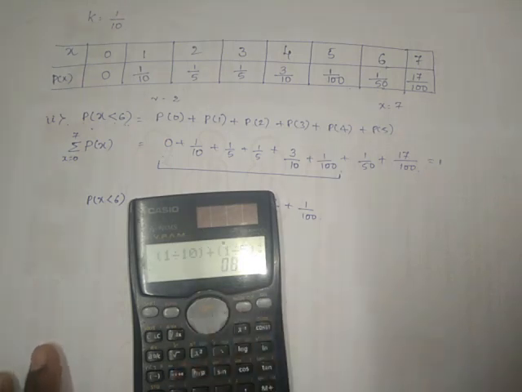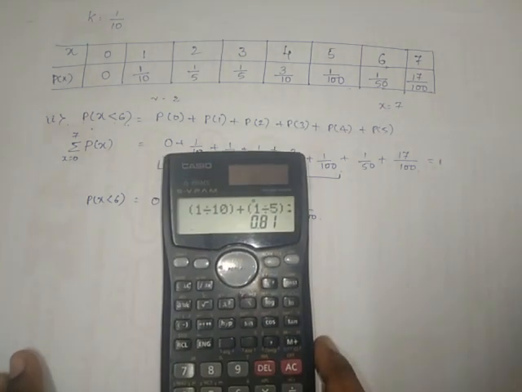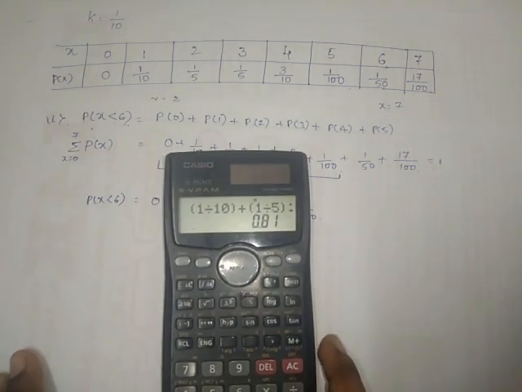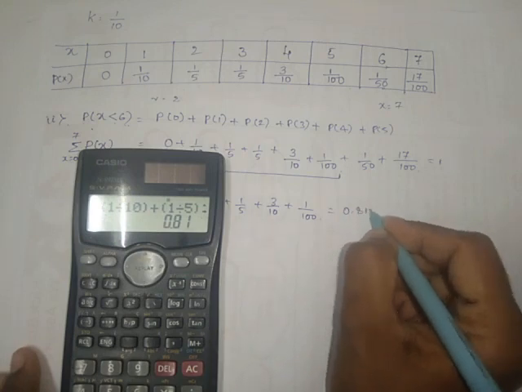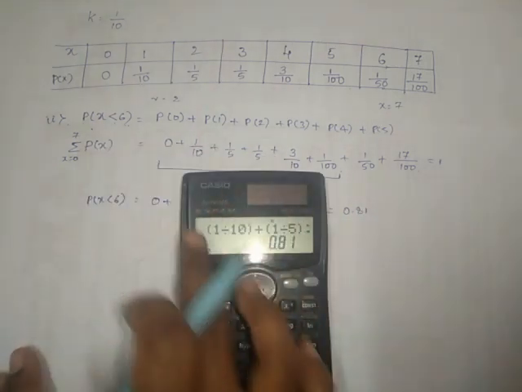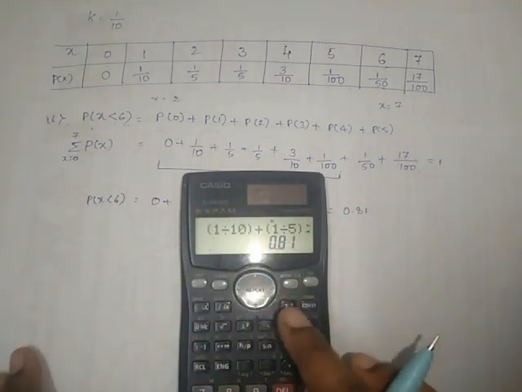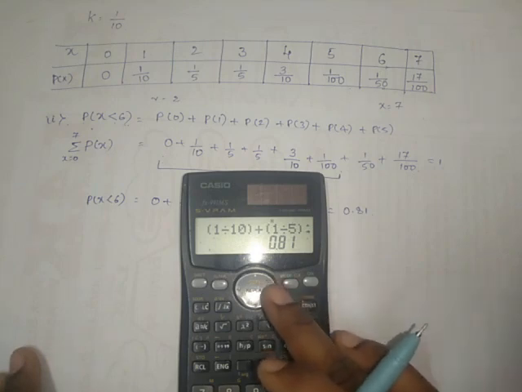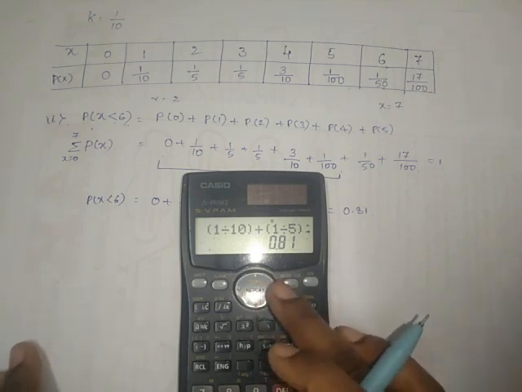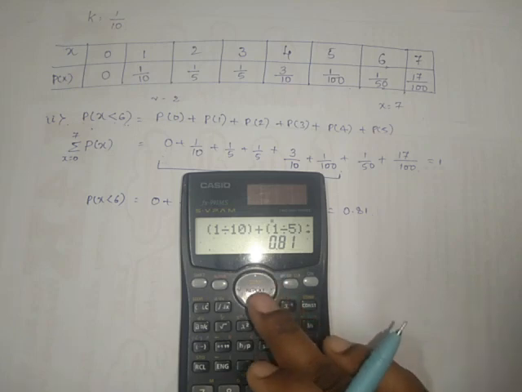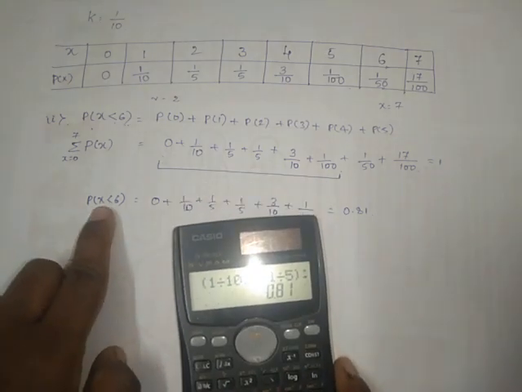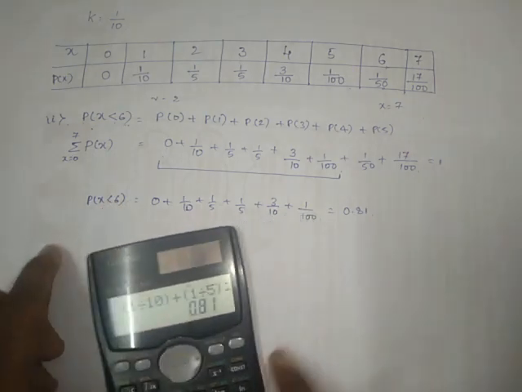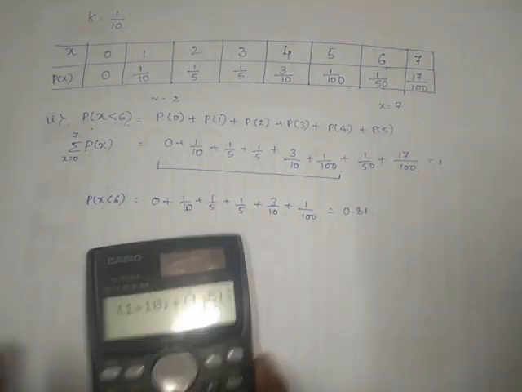Fine, I'll click enter. It is 0.81. This is the beauty of the scientific calculator. Even if you have entered wrong details, or entered extra, or left out something, you can edit in between. So the value of P of X less than 6 is 0.81.